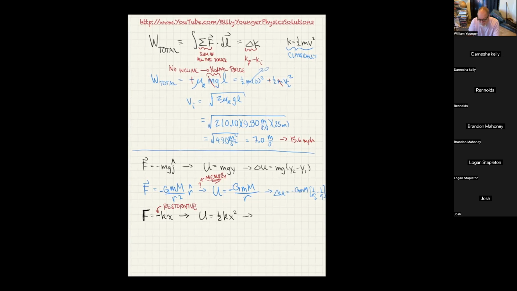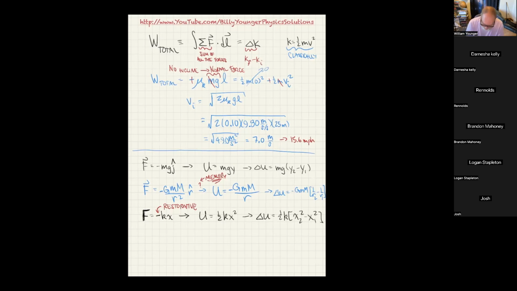And of course, that also means delta U is equal to 1/2 k times (x2 squared minus x1 squared). Again, just showing final minus initial. Those were some of the conclusions we reached.